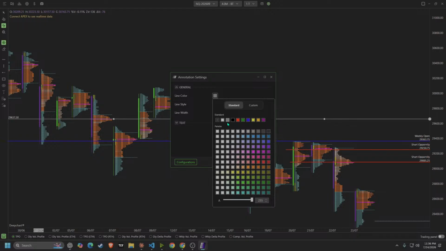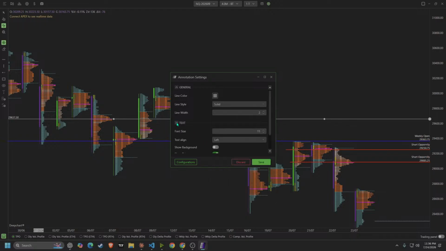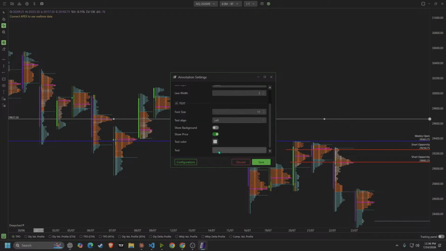So we'll just make this a different level color. Previous value area. That's all we need.